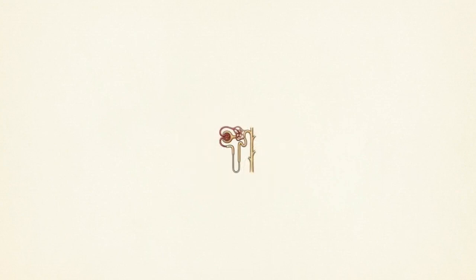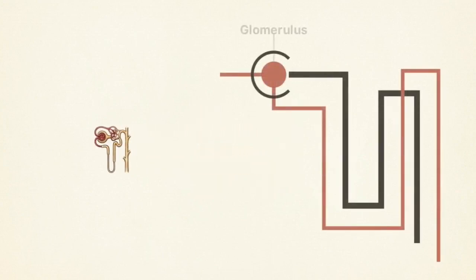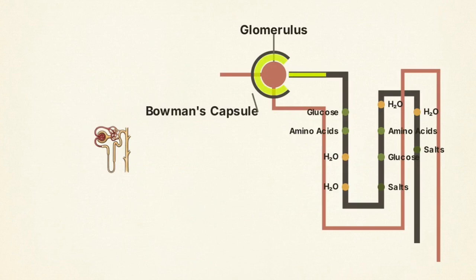This diagram zooms into the kidney's functional unit, the nephron. It begins at Bowman's capsule, which surrounds a dense tangle of capillaries called the glomerulus. First, glomerular filtration uses high blood pressure to force raw fluid, toxic waste and nutrients, out of capillaries into Bowman's capsule.